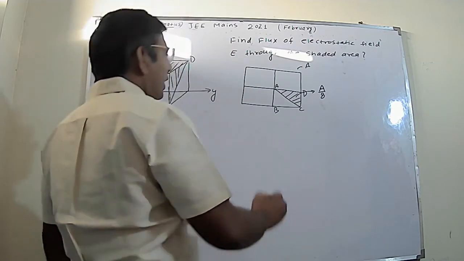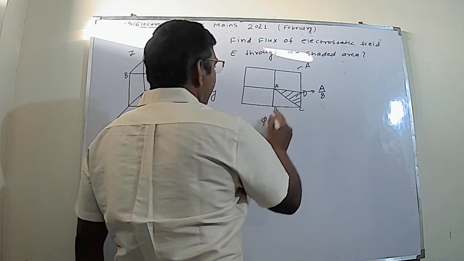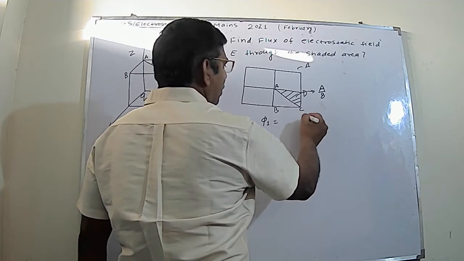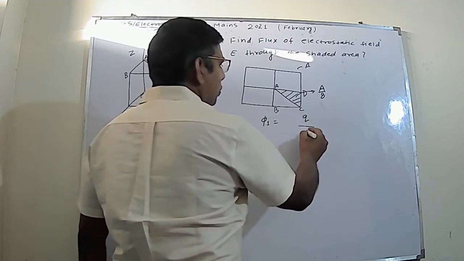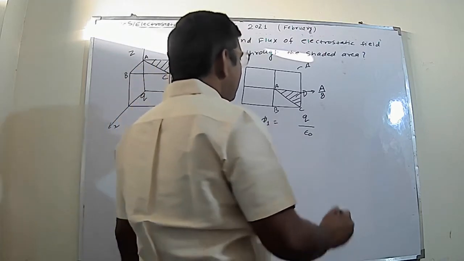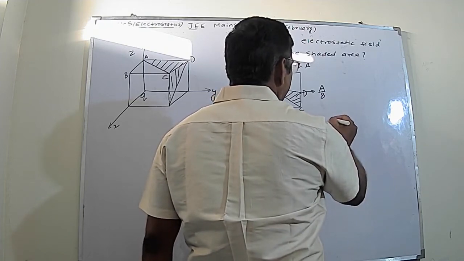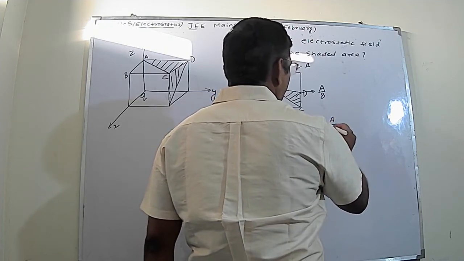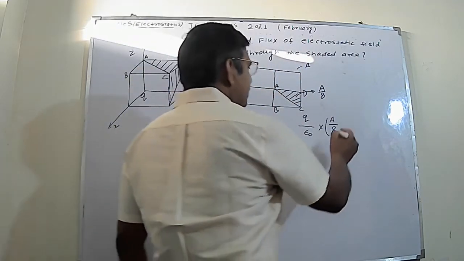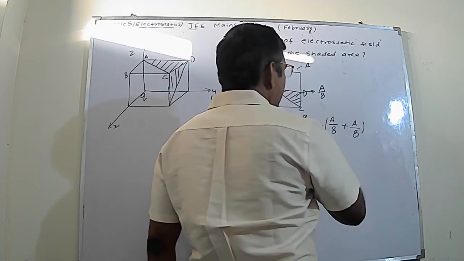So we can write phi 1 is equal to, we know that Q charge is enclosed, total is Q upon epsilon naught, right? And here this area is A by 8, and again one more face is there, this is A by 8, one more face is there, that is also A by 8. And what is the total area?